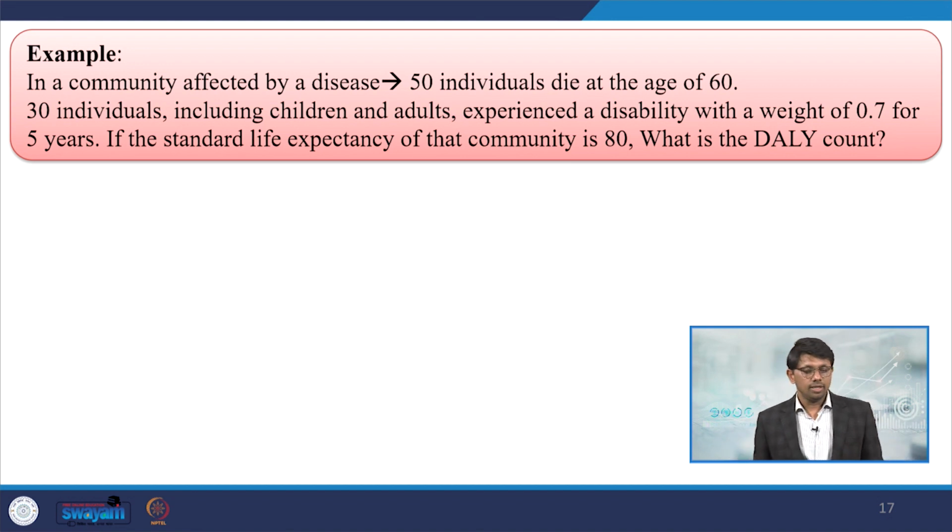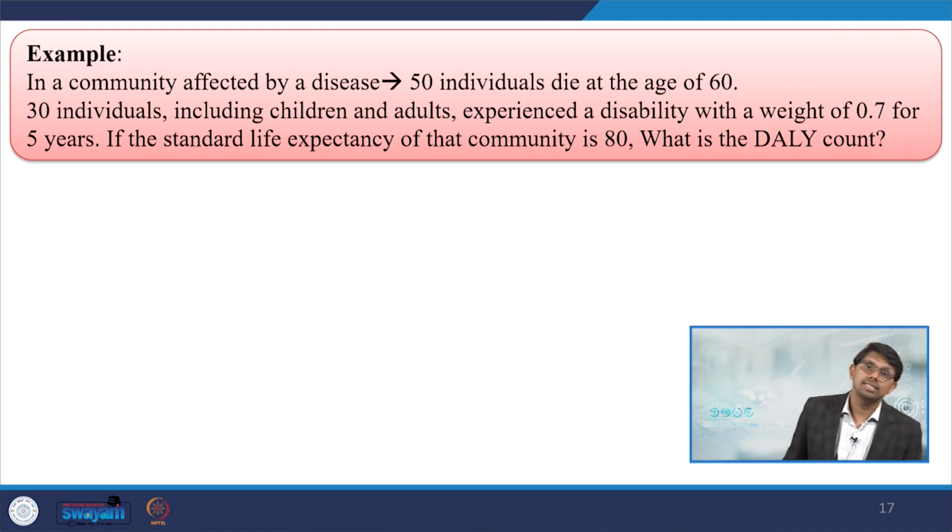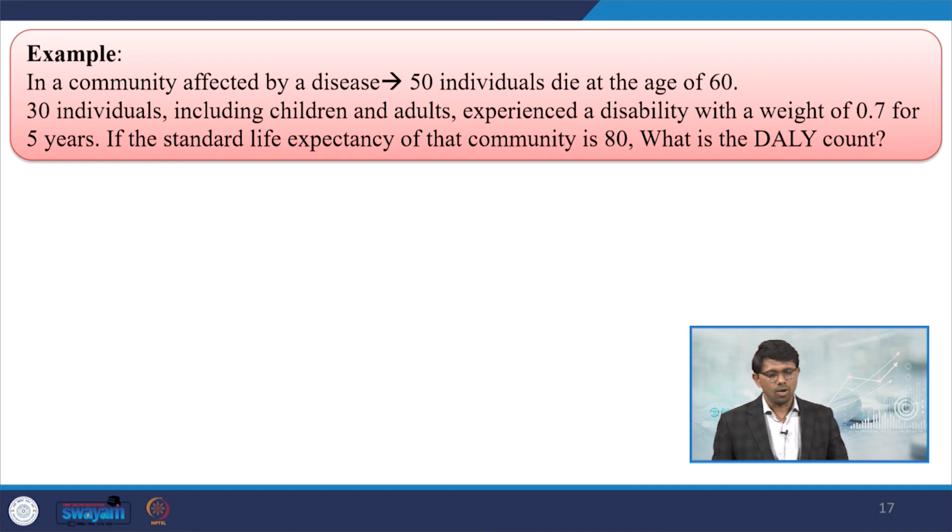Here we present an example in a community affected by a disease. Let us say 50 individuals die at the age of 60. 30 individuals, including children and adults, experience a disability with a weight of 0.7 for 5 years. If the standard life expectancy is 80, what is the DALY count?